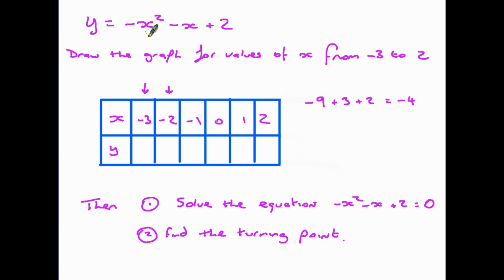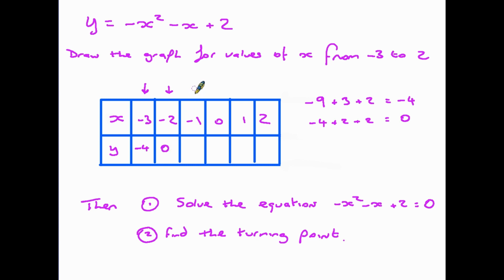Minus 2 squared is 4, but it's minus x squared, so it's minus 4. We then take away x, again taking away a negative means we are adding it on, and finally we add 2. Minus 4 plus 2 equals 0. So our first two values are minus 4 and 0.